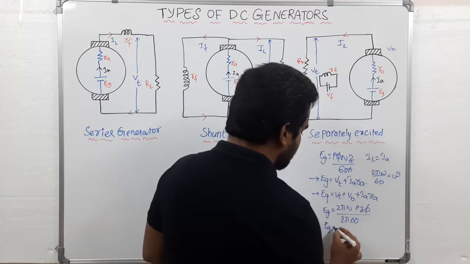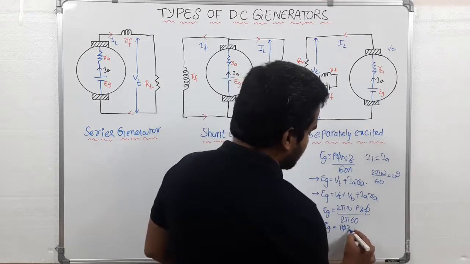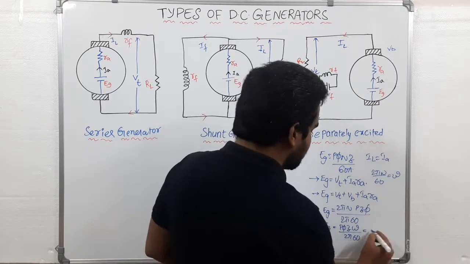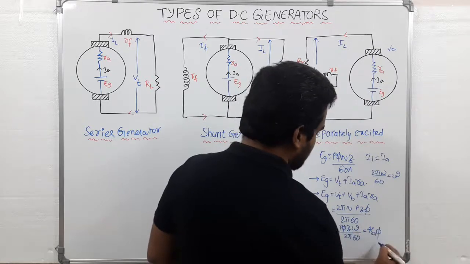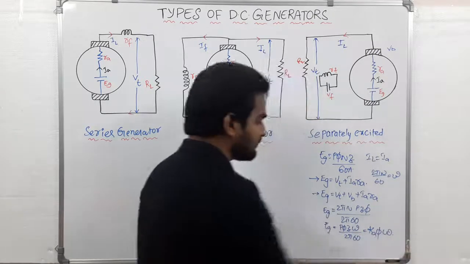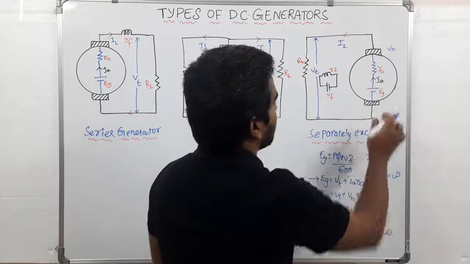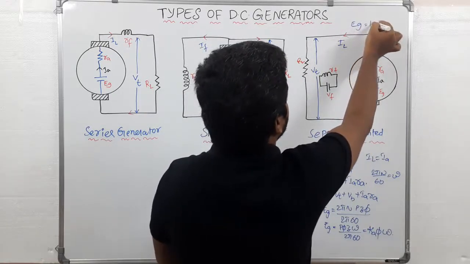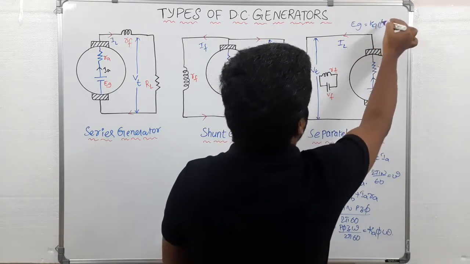So Eg will become P phi Z omega by 2 pi into 60, which can be written as Ka into phi into omega. This is our performance equation of a separately excited DC machine. So Eg equal to Ka constant into phi into omega.